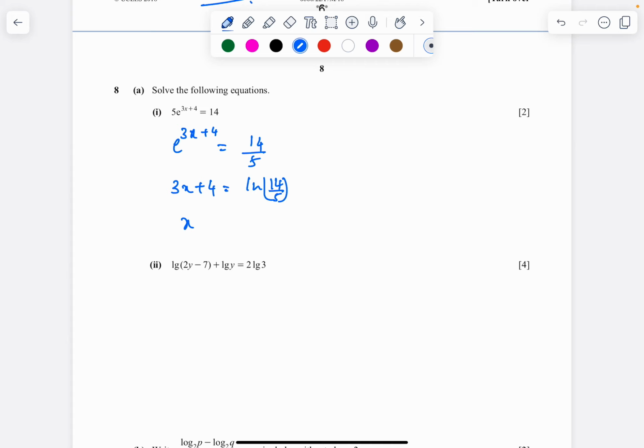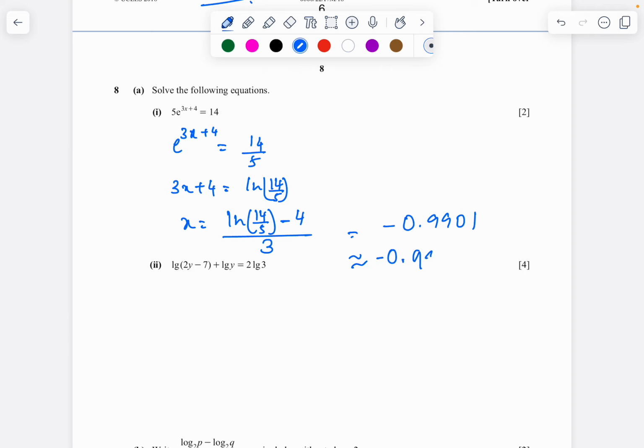So x equals, using algebra, ln of 14 over 5 minus 4, divided by 3. So use the calculator. This gives us negative 0.9901. Write it in 3 significant figures.